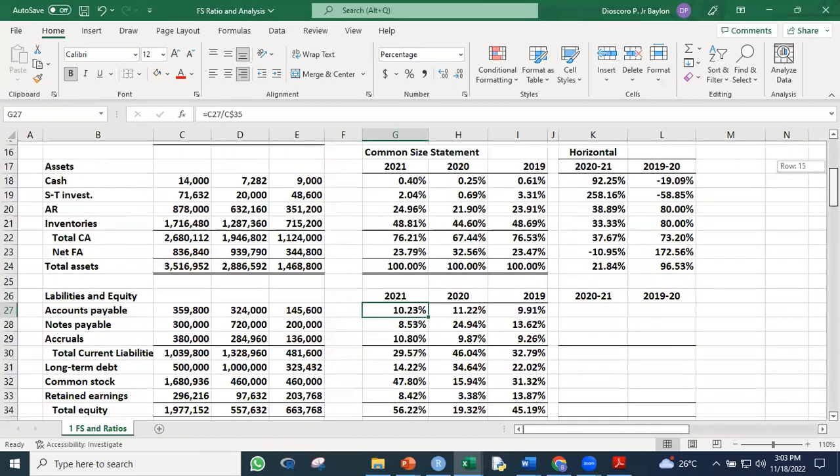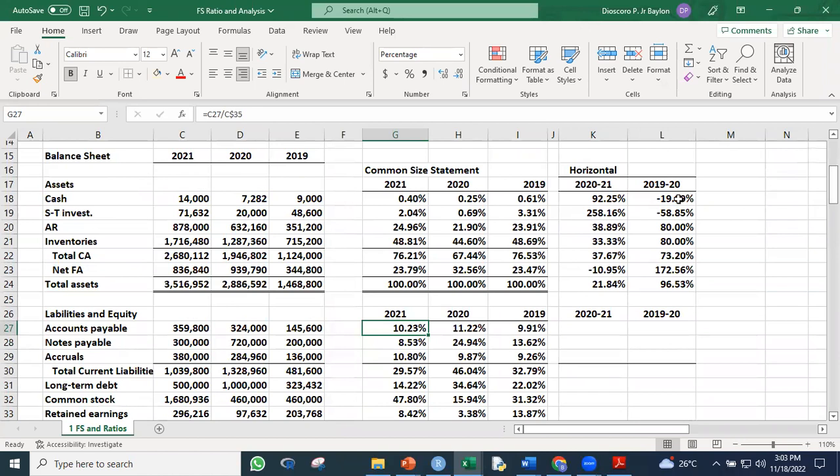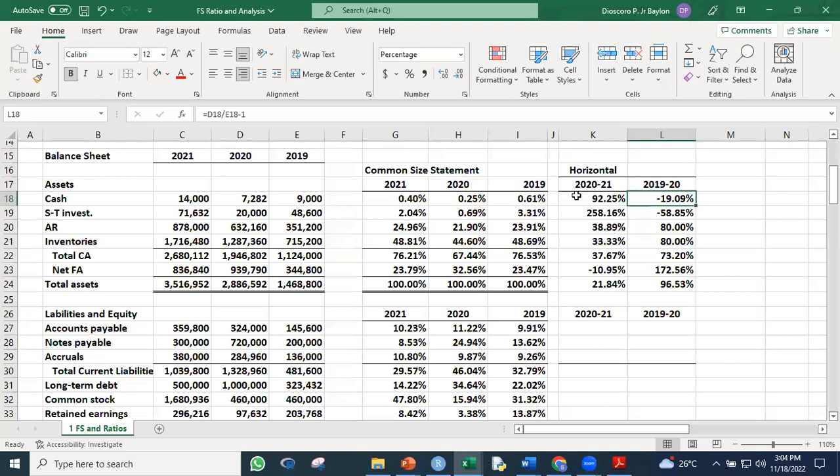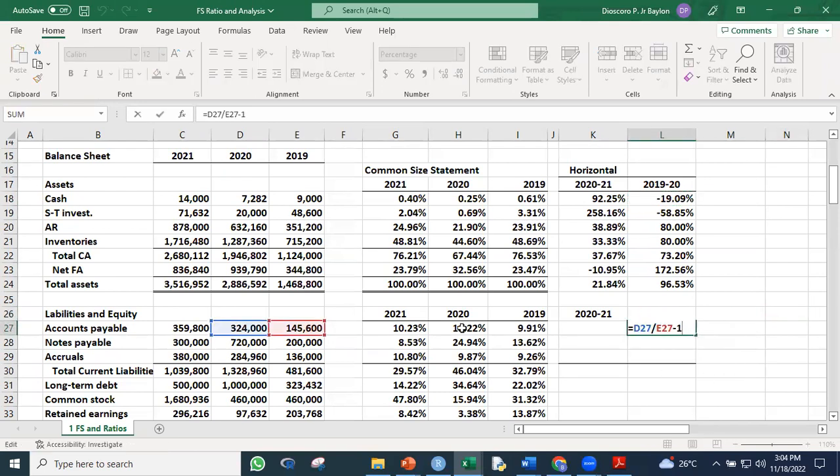Let me start here. So horizontal class, no? Ang horizontal natin is simply the current year or the latest year divided by the previous year minus 1. Growth rate lang yan, no? And then just copy. Ganun din dito. In fact, I can just Control C and then Control V. So between 2019 and 2020, yung 2020 yung figure yung current, previous yung 2019.